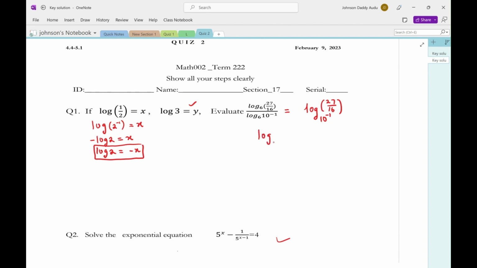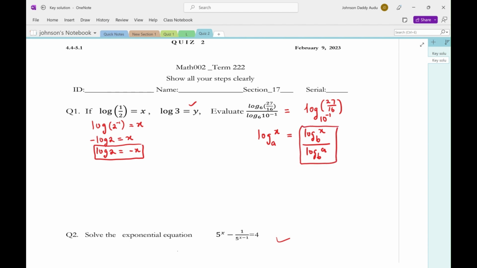Where is this coming from? Remember, if you have log to base a of x, it is the same thing as log to base b of x over log to base b of a, right?